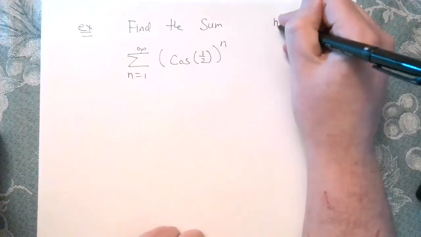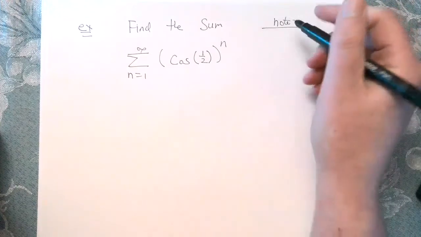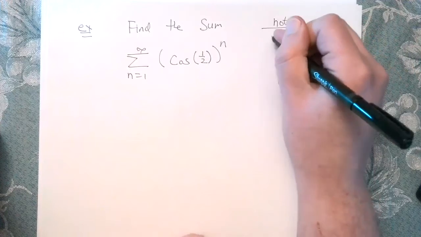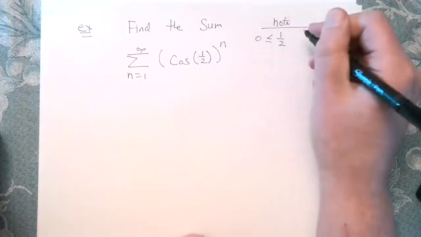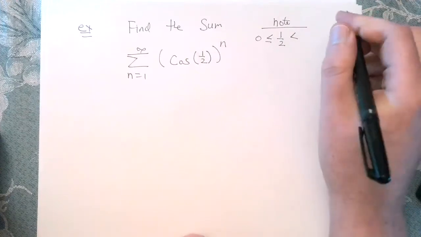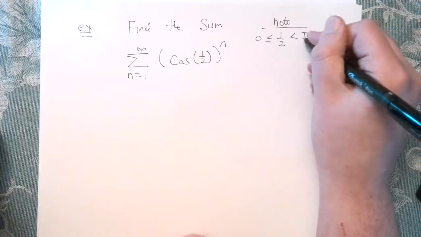So maybe I'll note that. So let's note that 1/2 radian lives between 0 and, let's say, pi over 2.